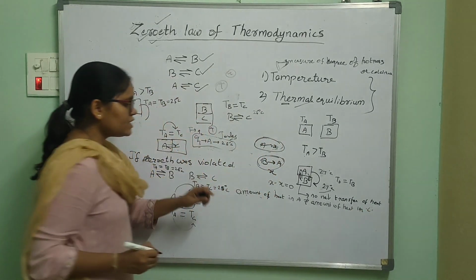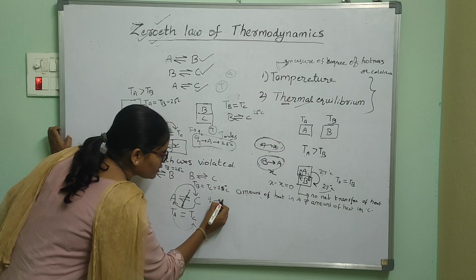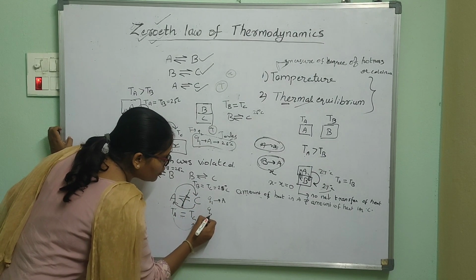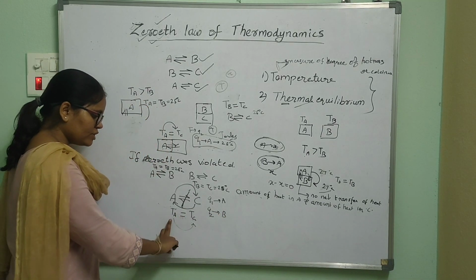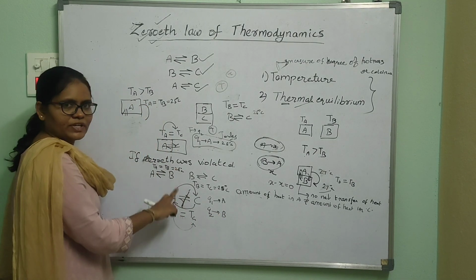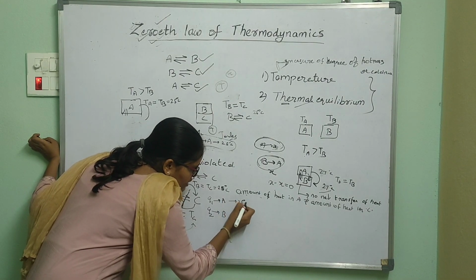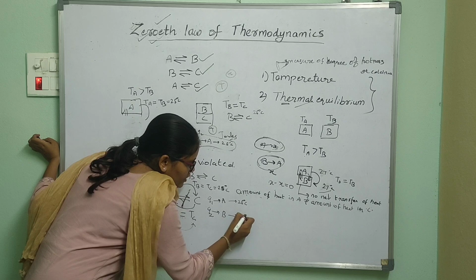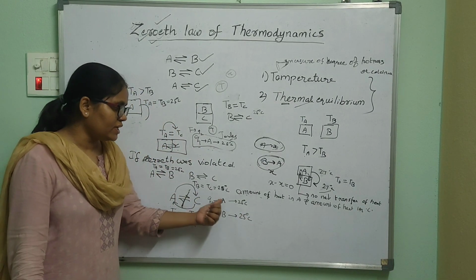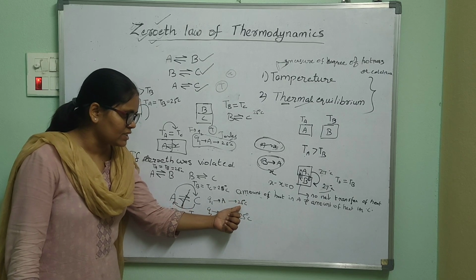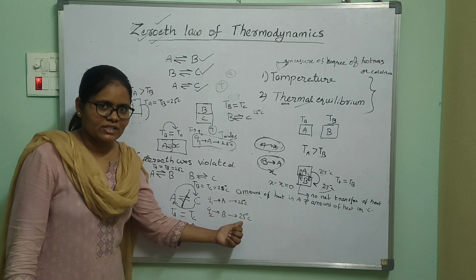Okay. So let us suppose that there is Q1 amount of heat in A and Q2 amount of heat in B. But we know that the temperature of A is equal to C, which is 25 degrees centigrade. Here also the temperature is 25 degrees centigrade. So you see that Q1 amount of heat in A leads to 25 degrees centigrade, but Q2 amount of heat in B leads to 25 degrees centigrade.